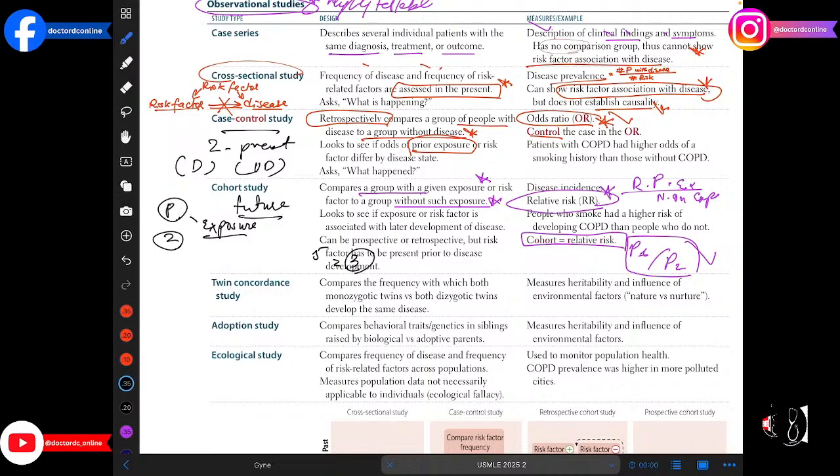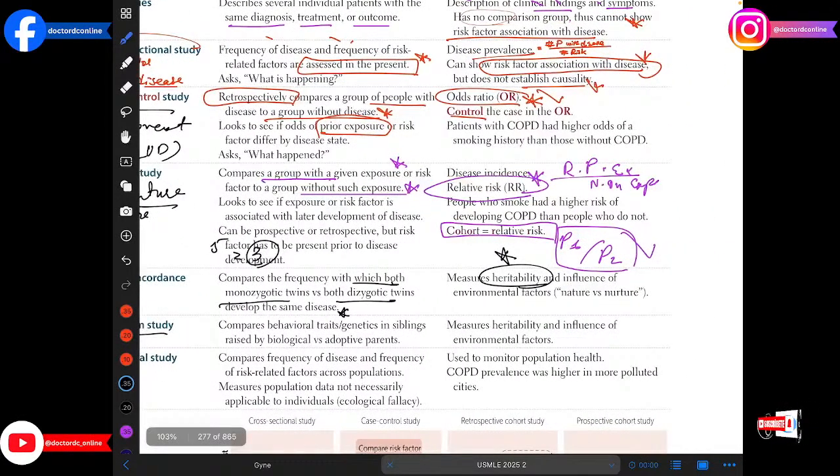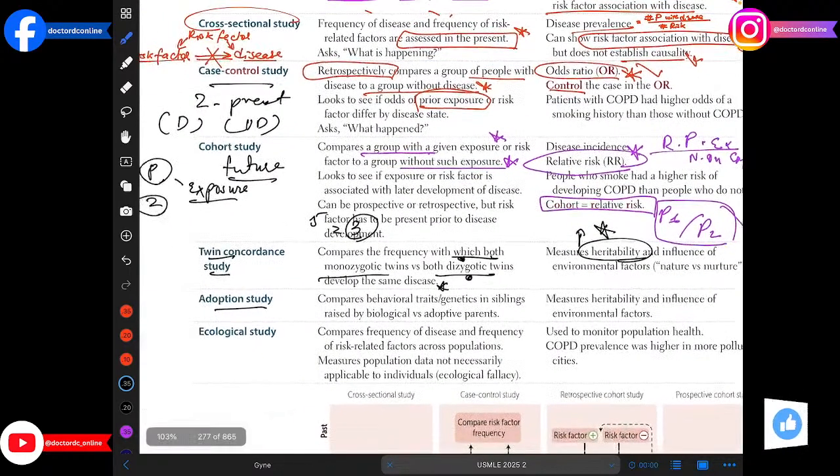The last two types of studies are twin concordance studies and adoption studies. Twin concordance studies compare the frequency with which both monozygotic twins and both dizygotic twins develop a disease. This measures the heritability of a disease. Specifically, the more concordance a disease shows for monozygotic twins relative to dizygotic twins, the greater the heritability of the disease.